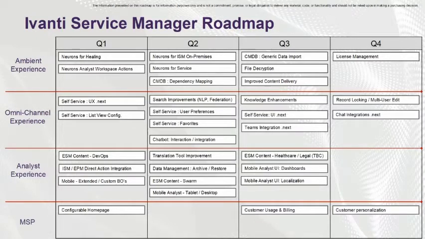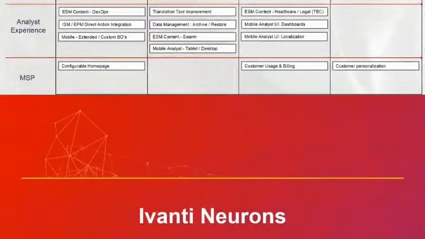So if you are looking at an MSP model and how your customers can personalize their own experience across different companies, that's what we're going to be looking to do as well. Although we can't share this specific roadmap with you, there will be a customer-friendly, if you want to call it, roadmap that we're going to obviously make available to you after this.